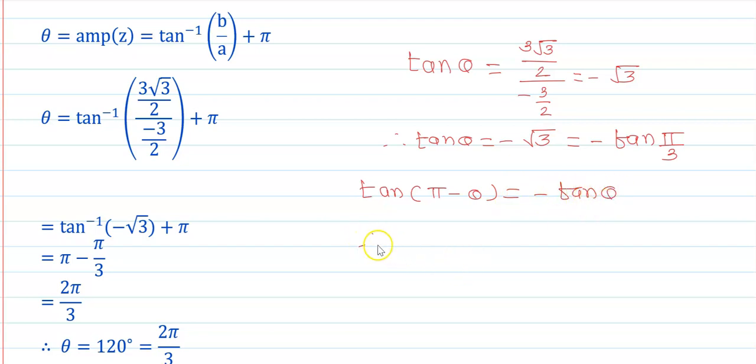And therefore tan of theta is equal to, this can be written as minus tan theta, means tan of pi minus pi by 3, and if we simplify this, then you get tan of 2 pi by 3.